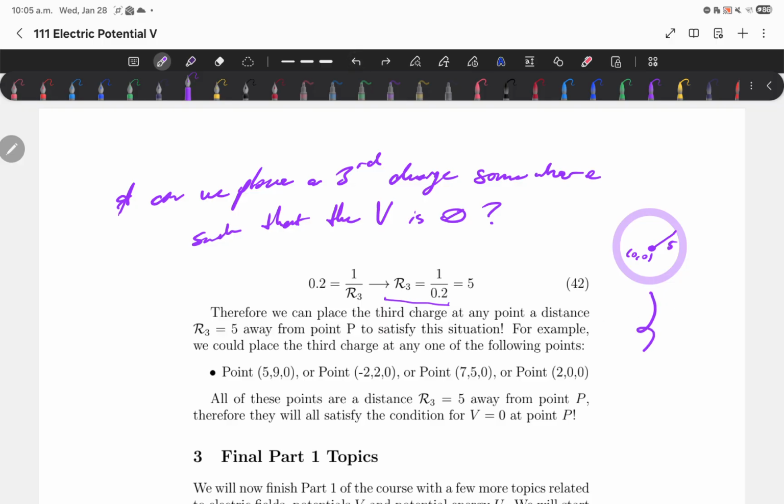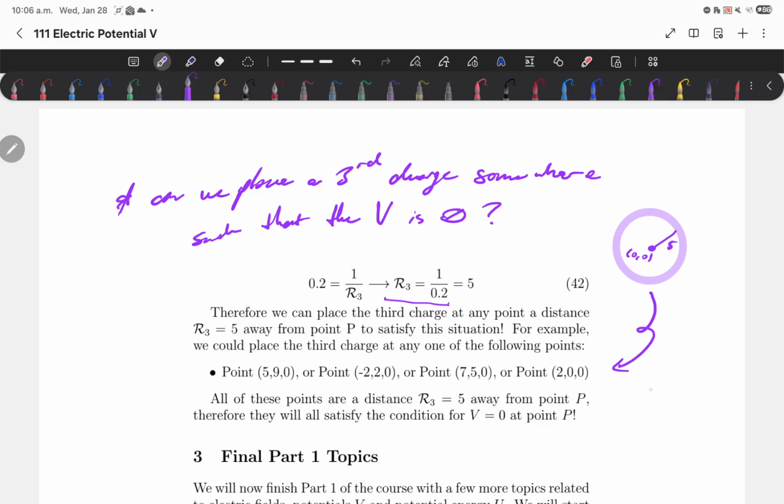I gave some examples here. You could place the new charge at 590, negative 220, 750, 200. All these are just a distance 5 away from our point P. Right? So you can pick literally any point to place this third charge that is a distance 5 away, and it'll perfectly cancel.